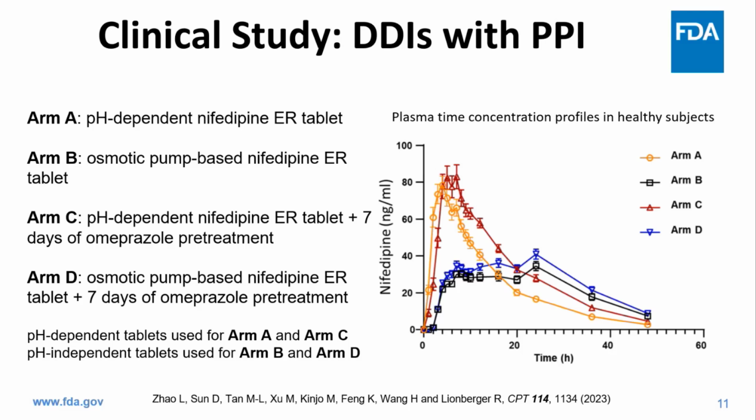On the right panel here is shown the observed plasma concentration time profiles in healthy subjects for the 4 arms.